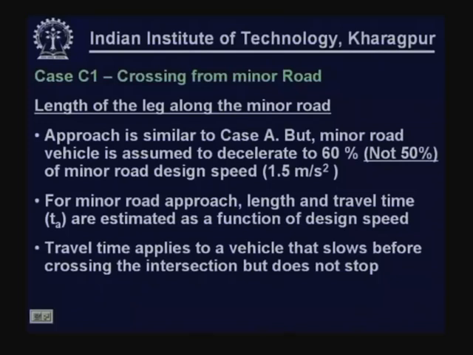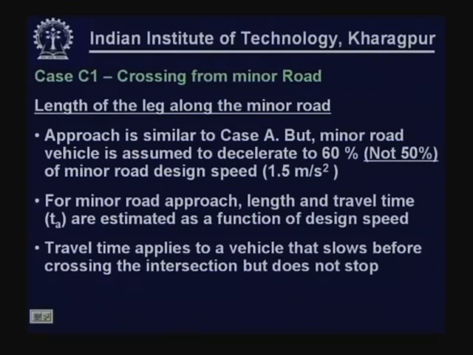Now, there are two possible sub cases, as I have mentioned: crossing the major road, and taking left turns or right turns. First, case C1, crossing the major road.